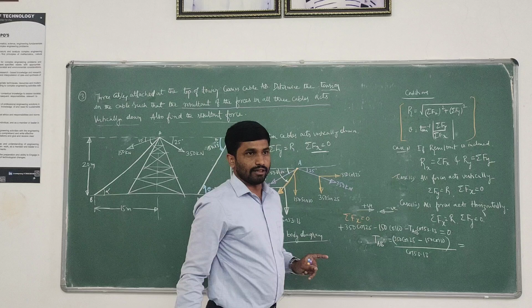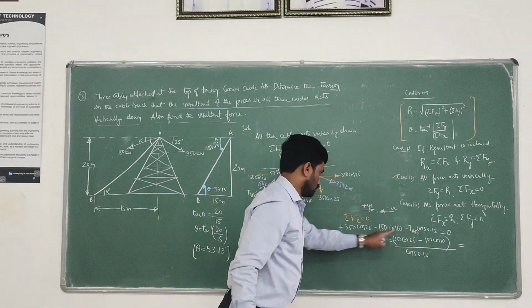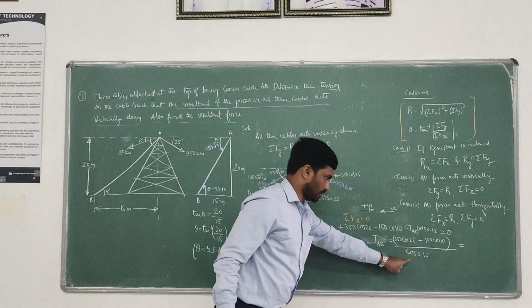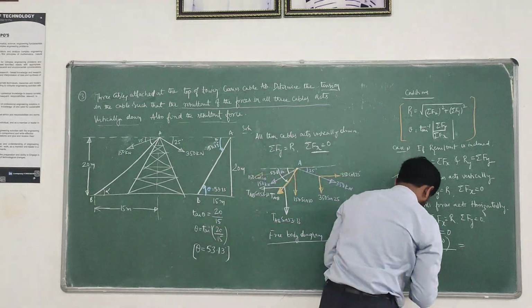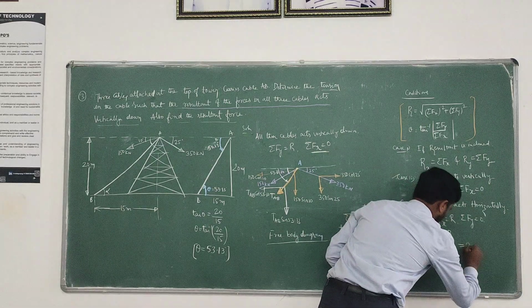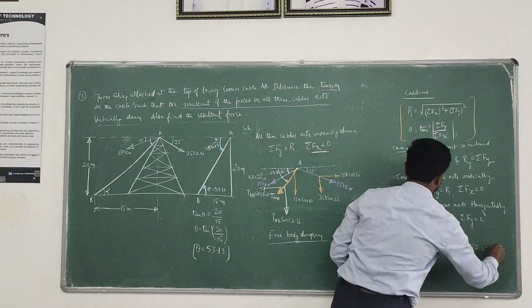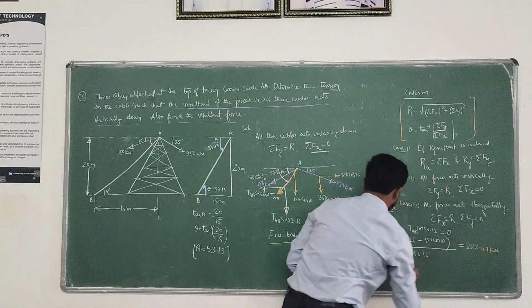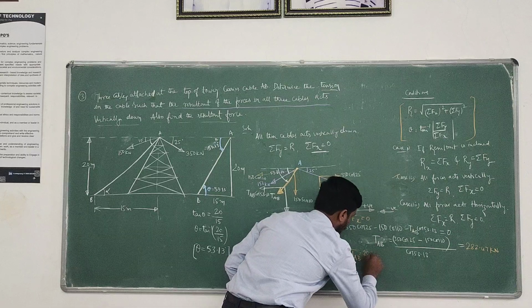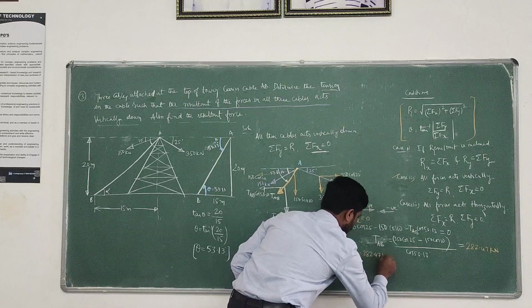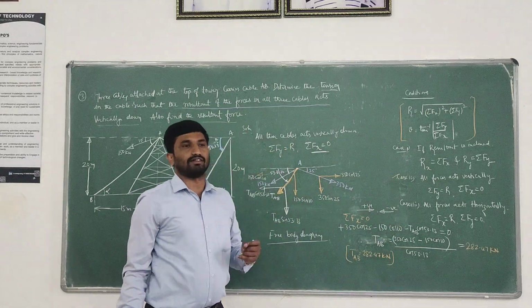What is the value of TAB? 282.47 kilonewton. So we got the TAB value 282.47 kilonewton. So this is one section.